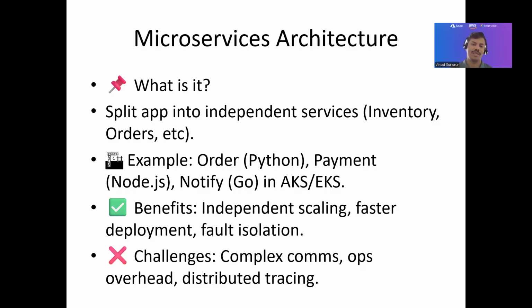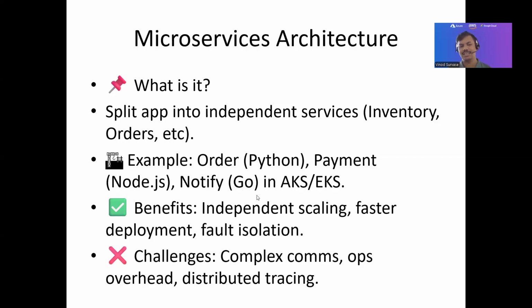Similarly, on the faster deployment, we can work on independent services separately and deploy those as expected, and it's going to work in an isolated way, where there is fault isolation mentioned over there, right? So there is no dependency on other services at all.